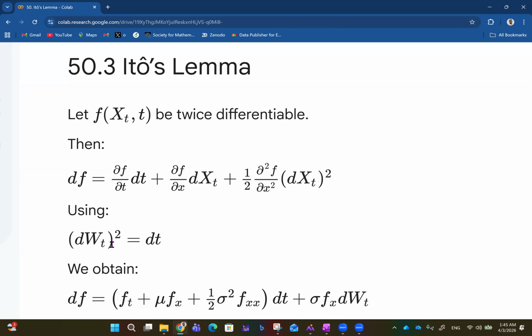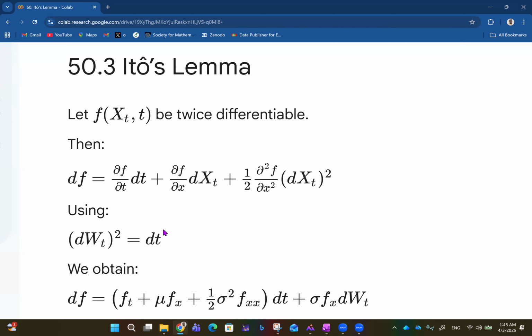Then if we use the fact that dW_t squared is dt, we can obtain the expression df equals f_t plus mu f_x plus half sigma squared f_xx, all times dt, plus sigma f_x dW_t.